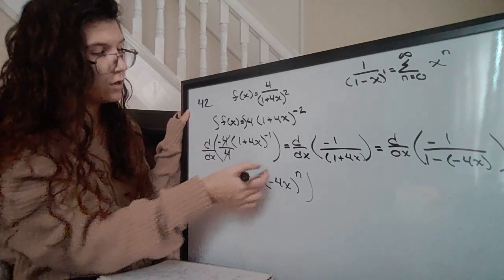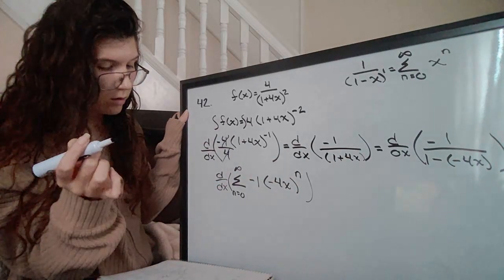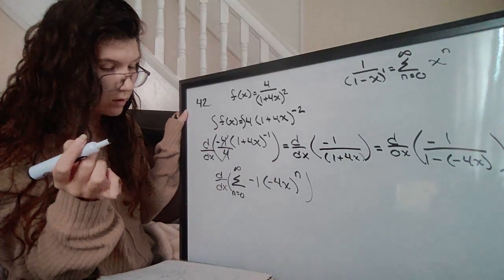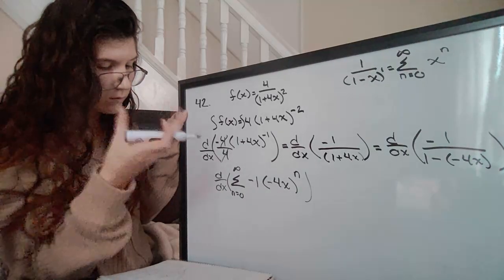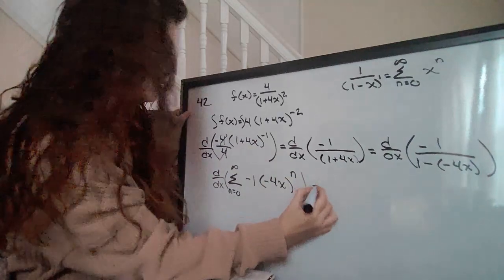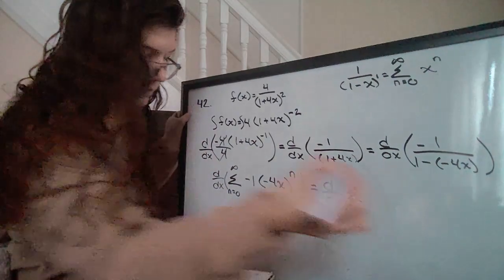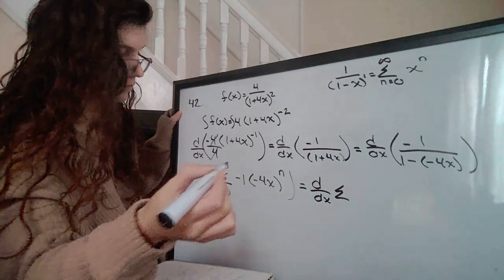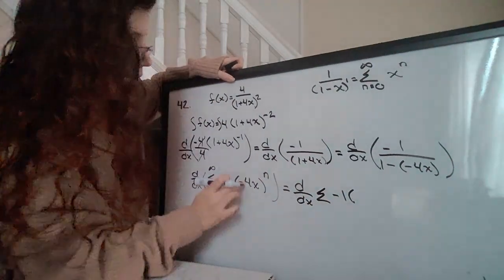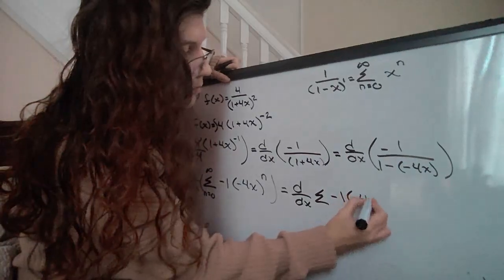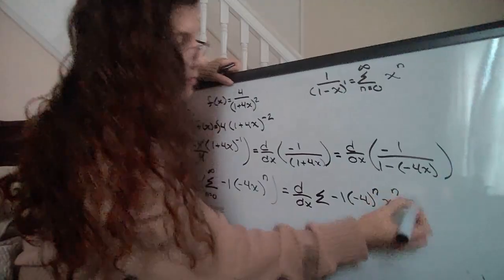It's always good to distribute our exponent because it helps with not missing anything. So we'll say, still need to take our derivative. Negative 1 times negative 4 to the n and x to the n.